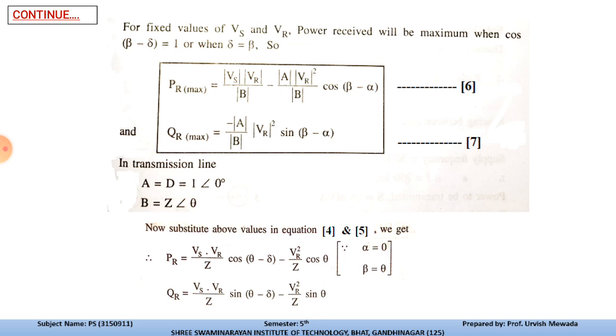These are the equations for the reactive power and active power which flow through the transmission line.